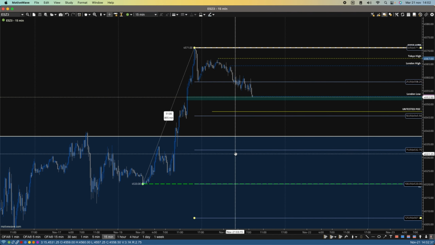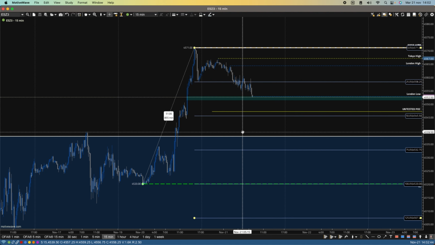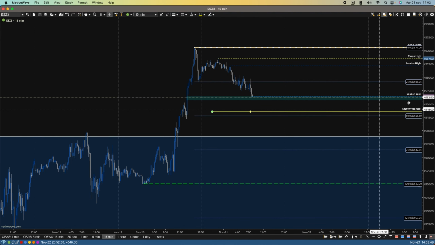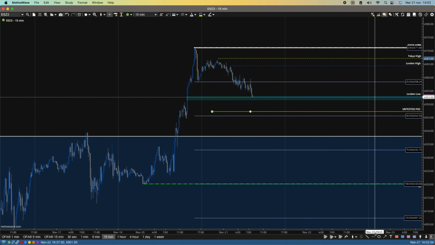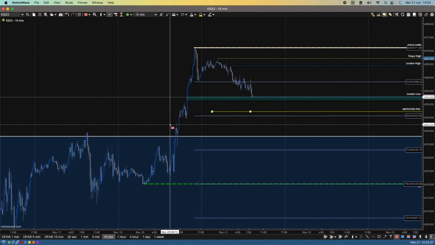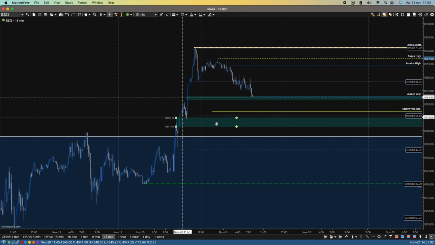Okay, below 50% we have to look for some good potential reaction zones. So we have this untested naked point of control, and we have this fair value gap with this stop ending.